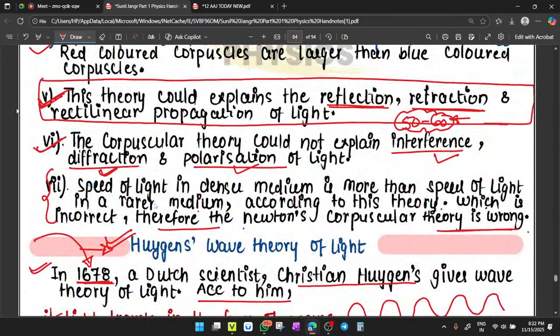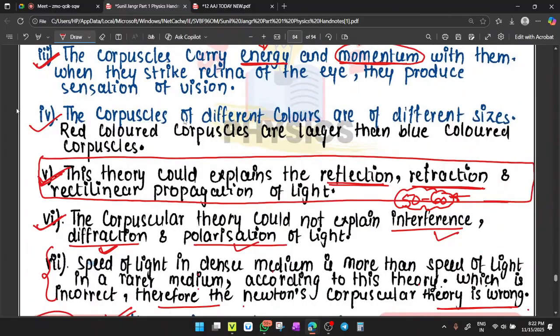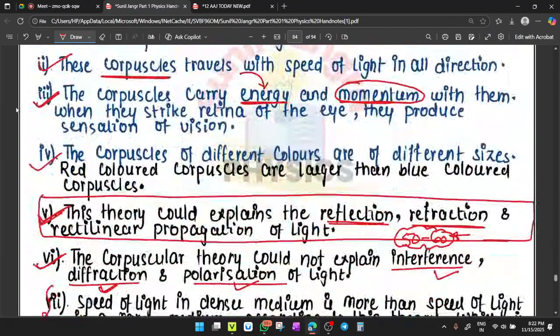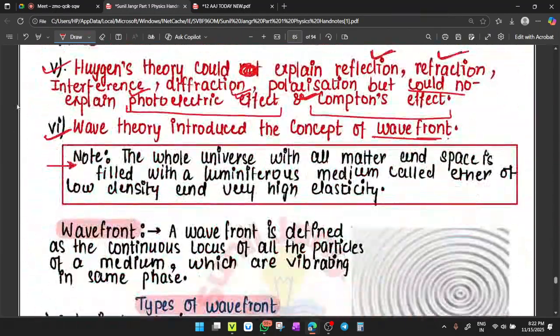During the suggestion of the corpuscular theory, Newton gave the name ether to the medium of the universe. But that is not of any use now. Actually, we have to study only the wave theory of light. So, the first concept is Huygens principle.